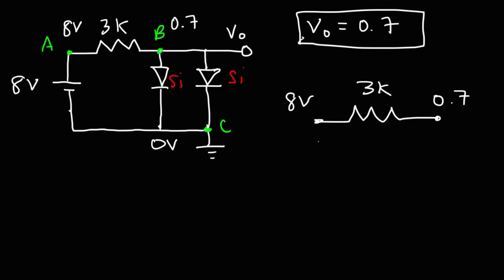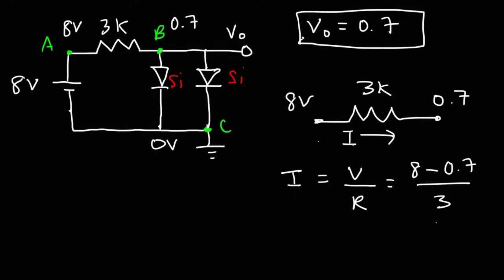So notice that the voltage across the 3K resistor is 7.3. So using this formula to calculate the current flowing through it, it's going to be the potential difference between points A and B divided by the resistance. So the high potential is 8 minus the low potential of 0.7, divided by 3.